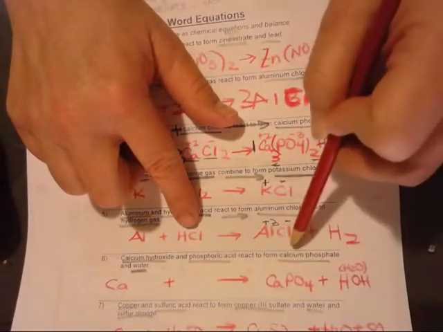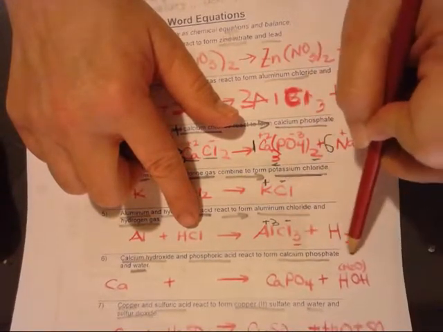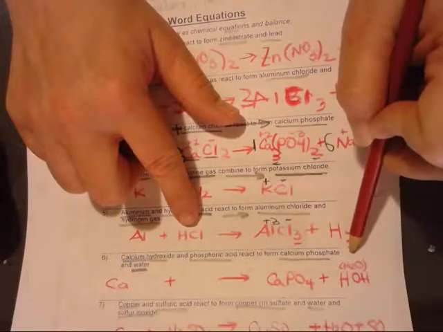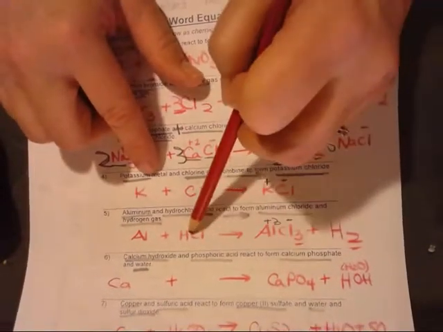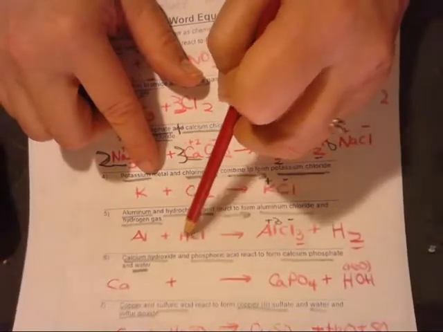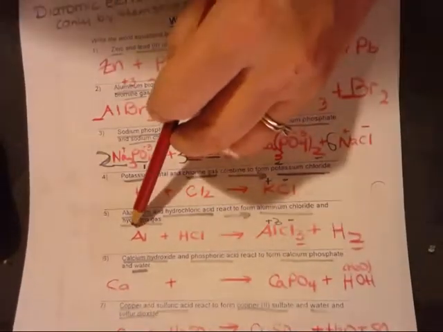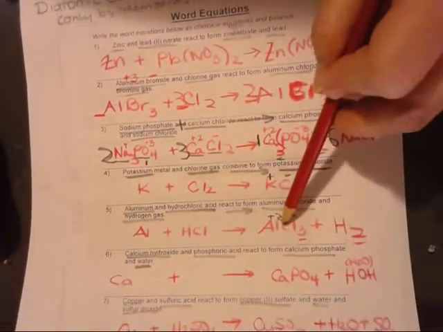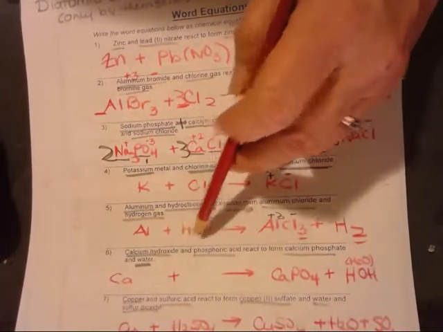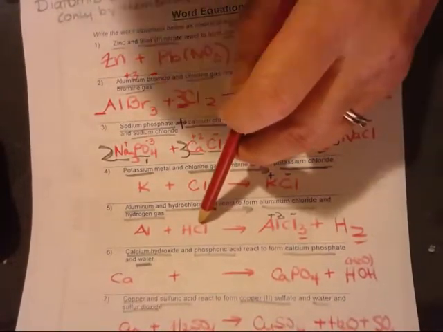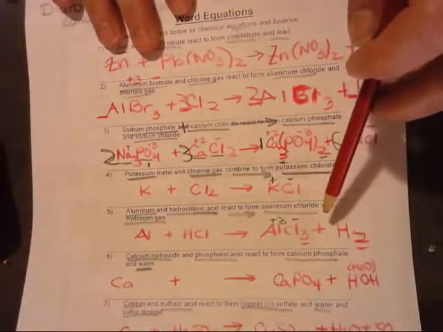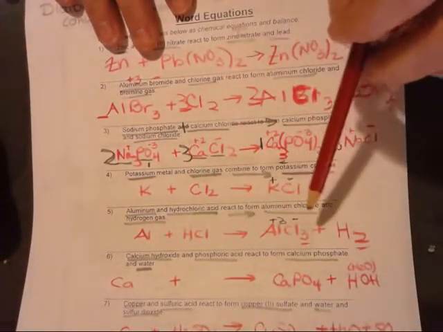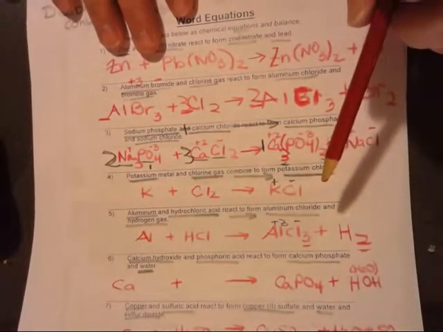You have to make the 3 and the 2 up to the same number. Isn't it going to be 6? So you're going to have 6 of these, and it's going to be numbers in front, but ultimately you have to have 6 H's and 6 chlorines. Try and work that one out, and we can confirm right answers on Tuesday when I'm back.